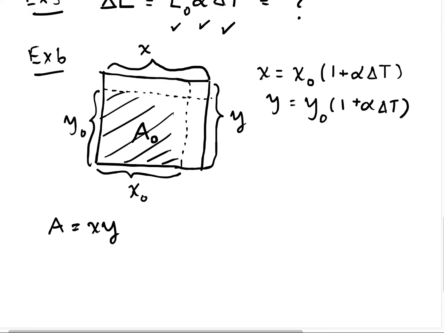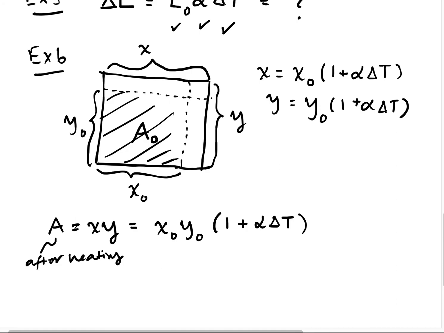So this is going to be the area after heating. So A equals xy, which equals x0 times y0 times 1 plus alpha delta T, times another 1 plus alpha delta T. So I write down the square here.